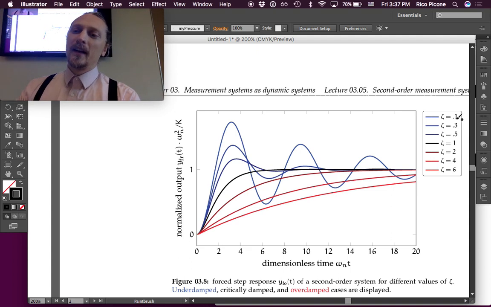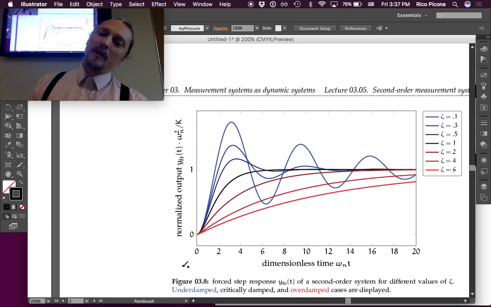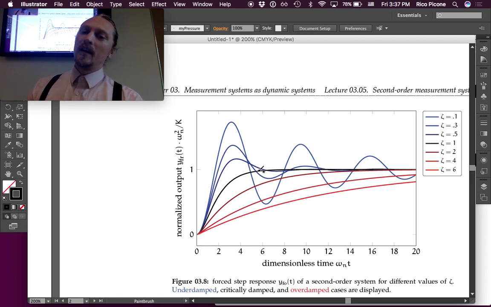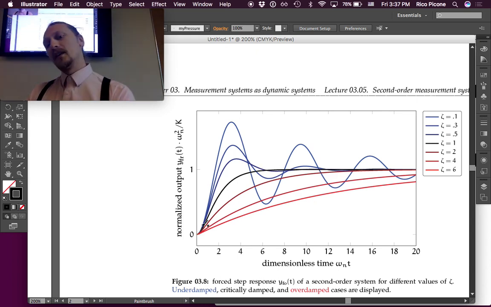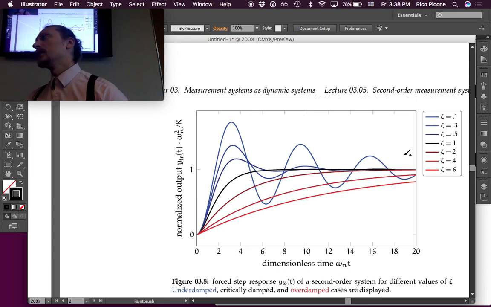And once again, when the damping ratio is less than 1, we get this oscillation occurring and this overshoot occurring. When zeta is equal to 1, we get this barely not oscillating response, and if zeta is greater than 1, overdamped, it sort of slowly oozes up.